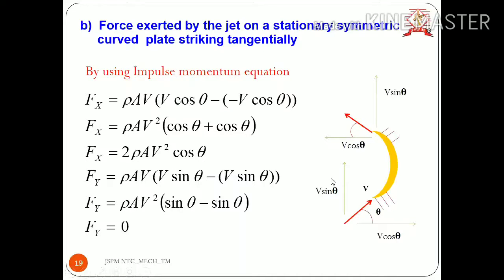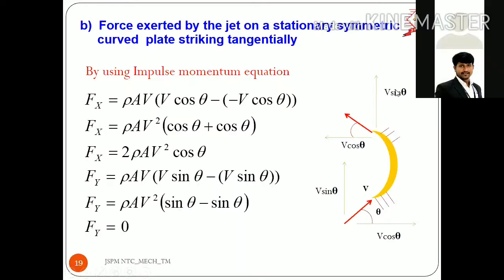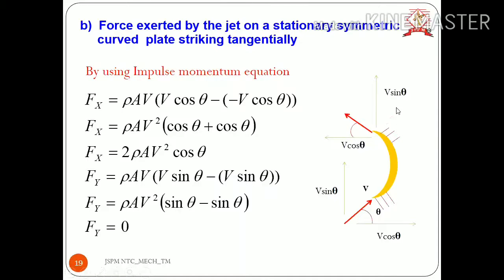So before striking we have two components, and after striking also we have two components: one horizontal, another vertical. So by using the impulse momentum equation, Fx is equal to rho a v, the mass flow rate, times the velocity before striking in x direction, which is v cos theta, and the sign will be positive, minus the velocity after striking, which is v cos theta.